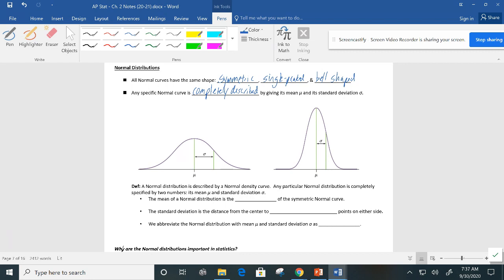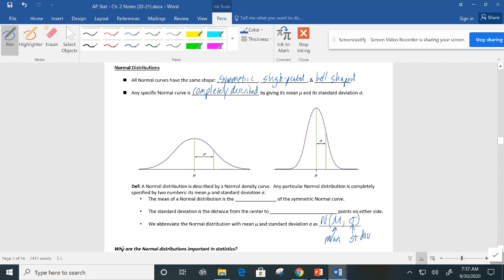You're going to see the notation for a normal distribution, and I'm going to jump down to this last bullet here, as capital N and then mu comma sigma. When you see that, it means that the distribution we're talking about is normally distributed with a mean at whatever value this is and a standard deviation at whatever that value is.